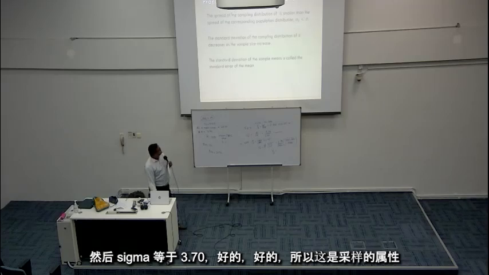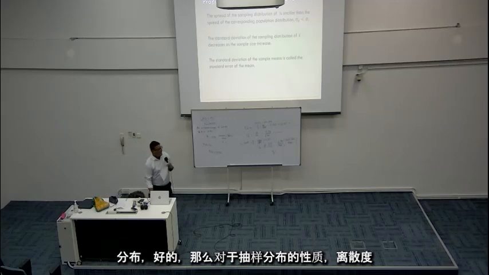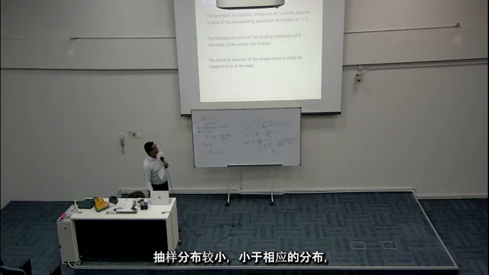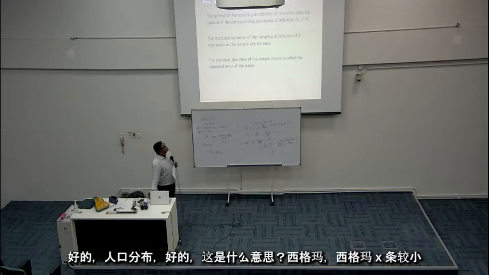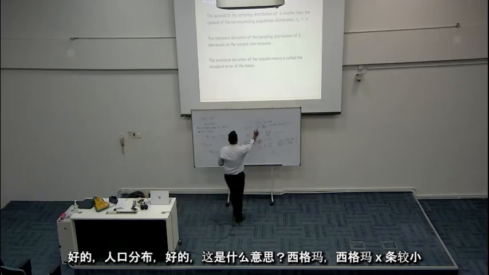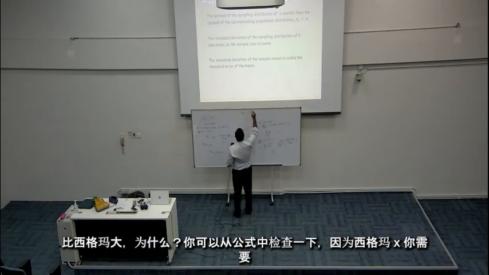Okay, so this one is the properties of the sampling distribution. For the properties of the sampling distribution, the dispersion of the sampling distribution is smaller than the spread of the corresponding population distribution. What does this mean? The sigma x bar is smaller than the sigma.